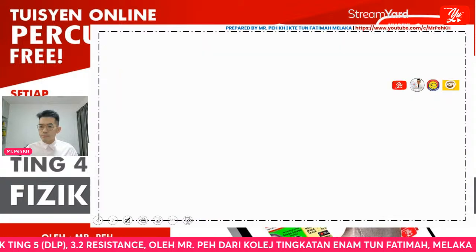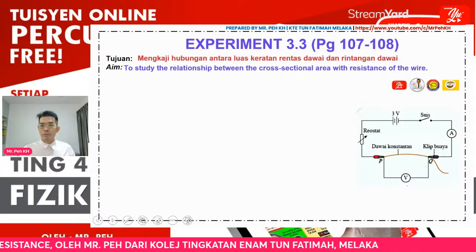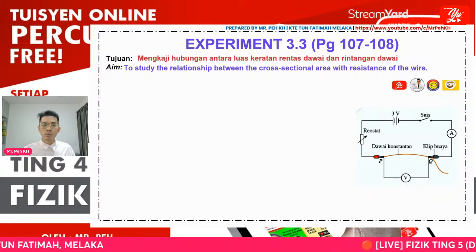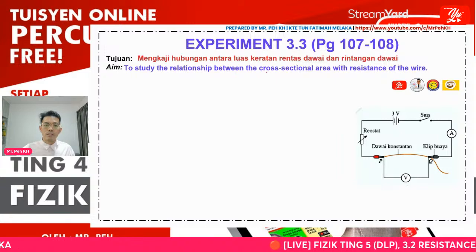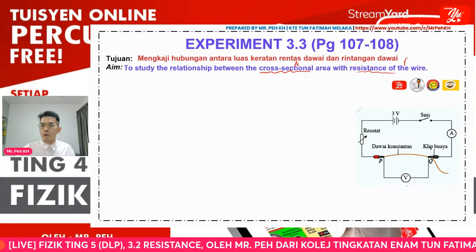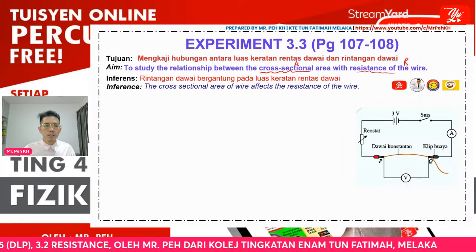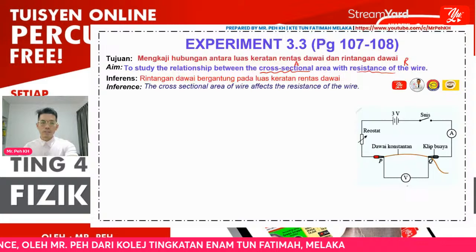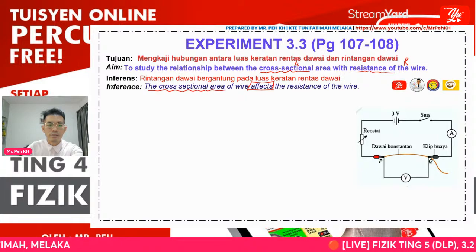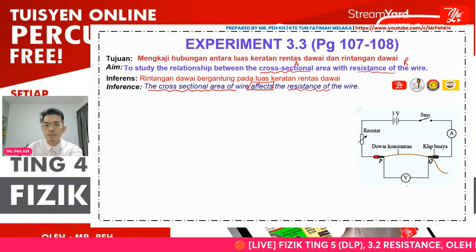Okay, so this experiment is at pages 107 to 108 of your textbook. Here we are going to study the relationship between the cross-sectional area, which is A, and the resistance of wire, which is R. For the inference, just now I also advised you how to write it: the cross-sectional area affects the resistance of wire.